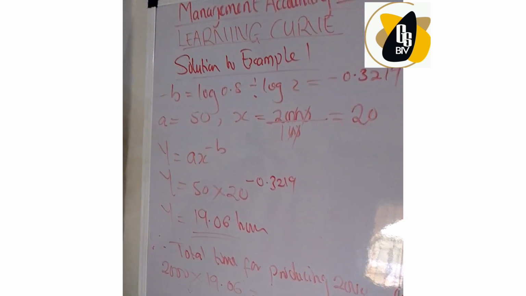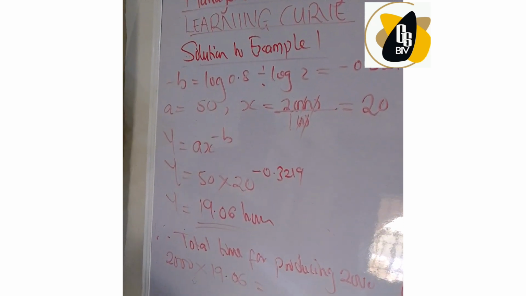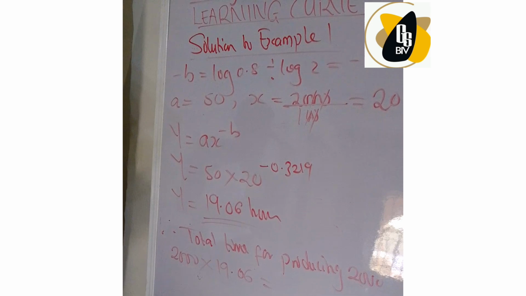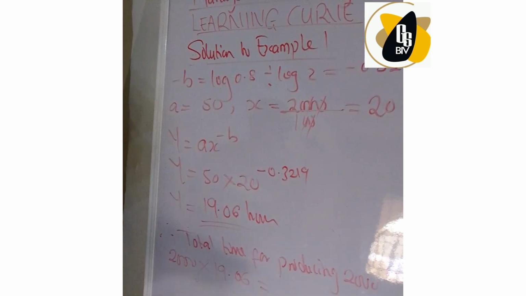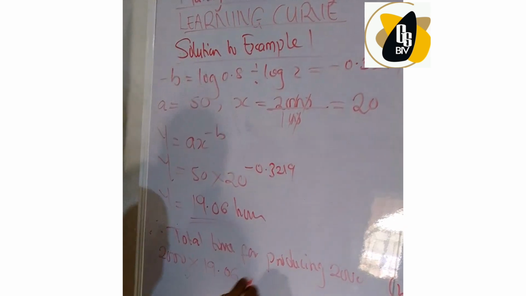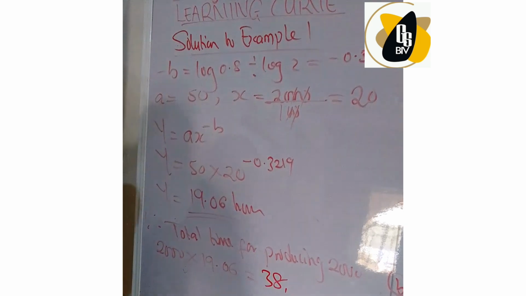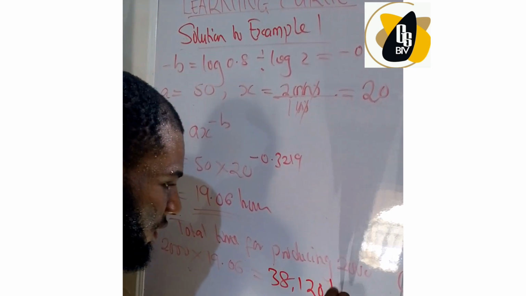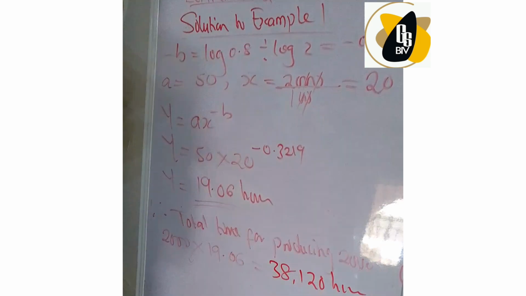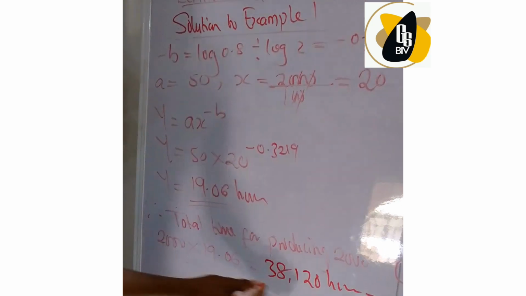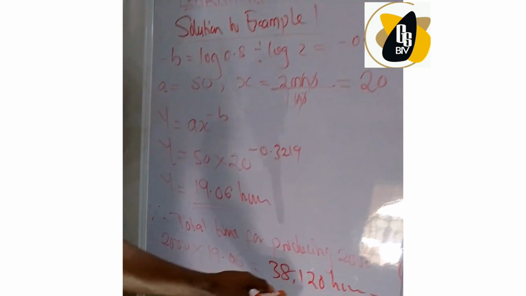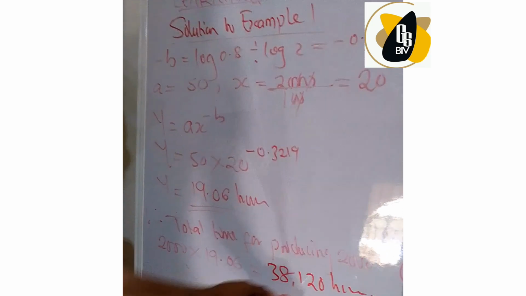So if you multiply that, what do we get? We have 38,120 hours.